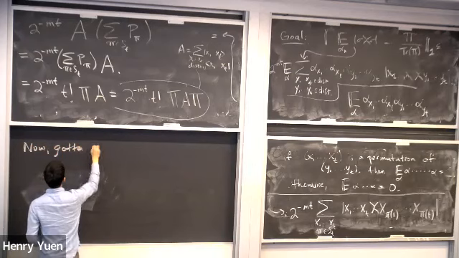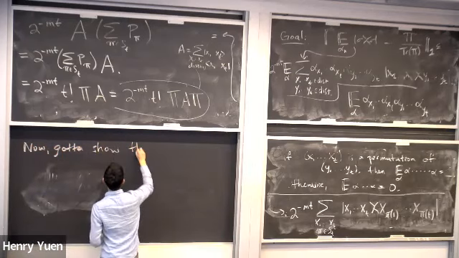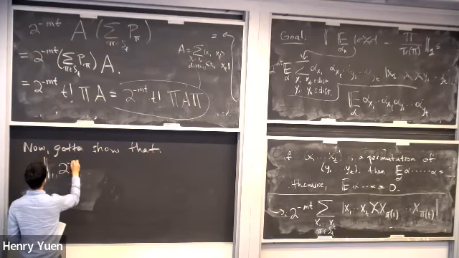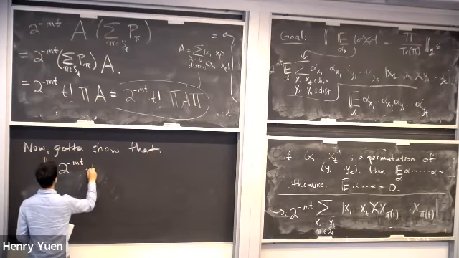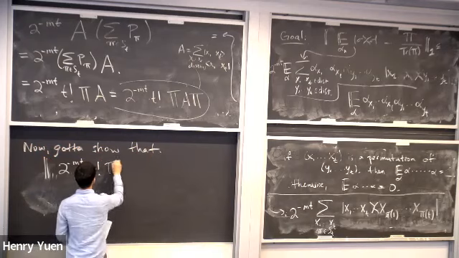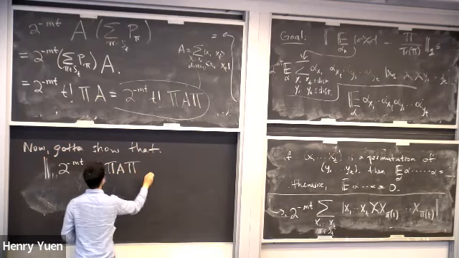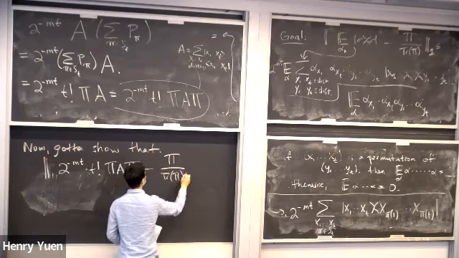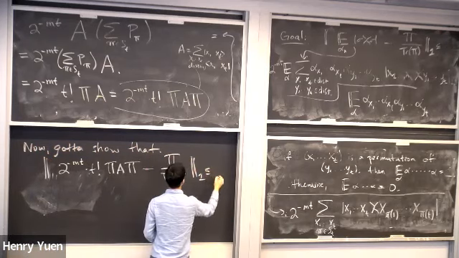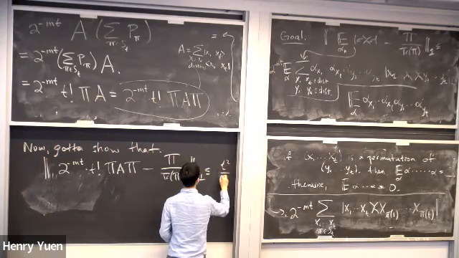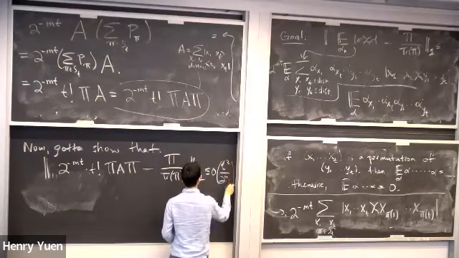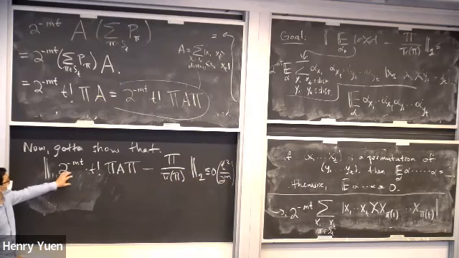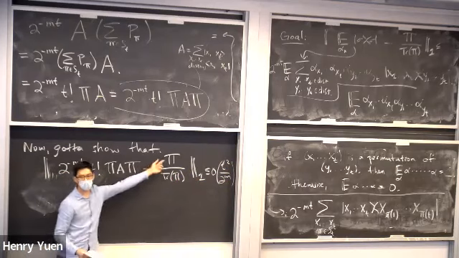I've got to show that 2 to the minus mt times t factorial pi A pi minus pi divided by trace of pi is this small amount. And it seems very promising, right? Because now we're just comparing pi's with each other.